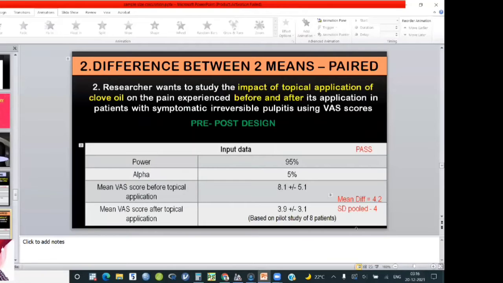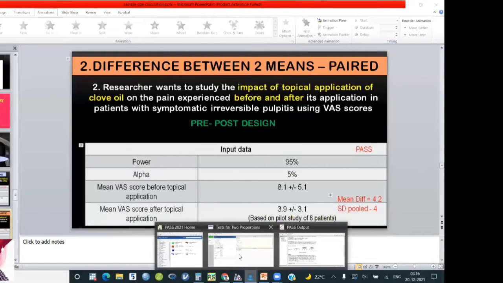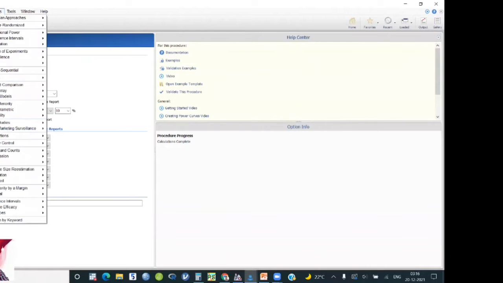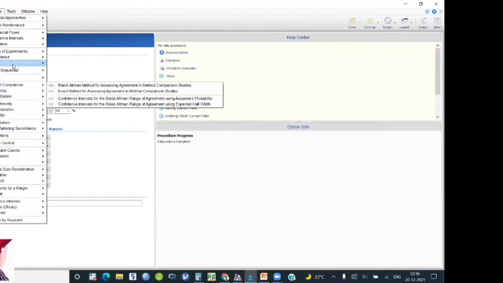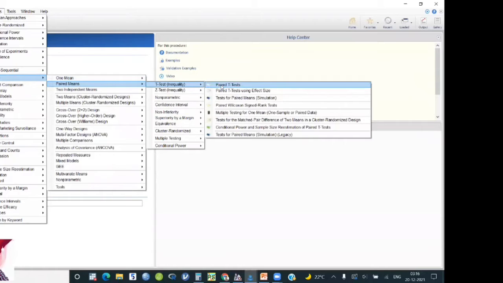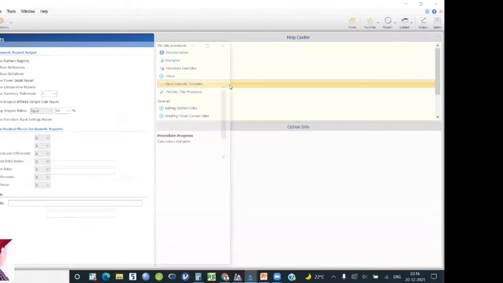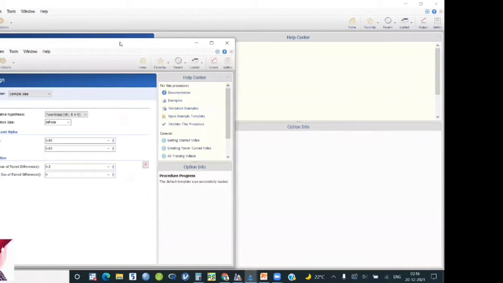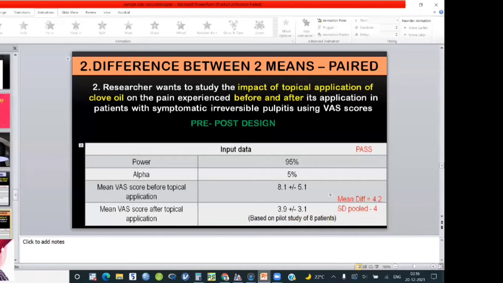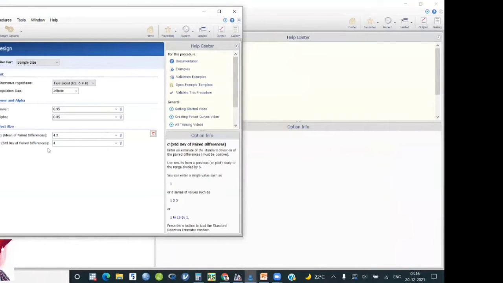Let us calculate this through PASS software. So procedures. What is the study? It is based upon mean. It is paired means. It is a paired t-test. So let me feed the data. How much power do we need? I want 95% power and 5% statistical significance, right? And 4.2 is the mean difference and 4 is the standard deviation.